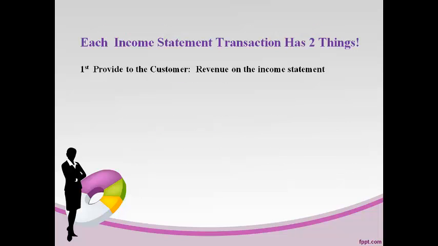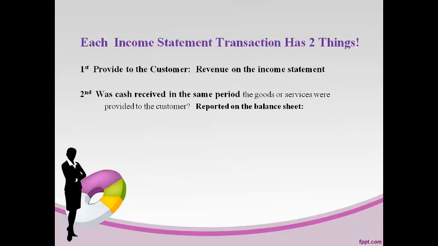Each income statement transaction has two parts. Two parts are required for the accounting equation to remain in balance. Let's talk about revenues first. Revenue is reported in the period goods or services are provided to the customer. Second, the question, was cash received in the same period, must be answered.